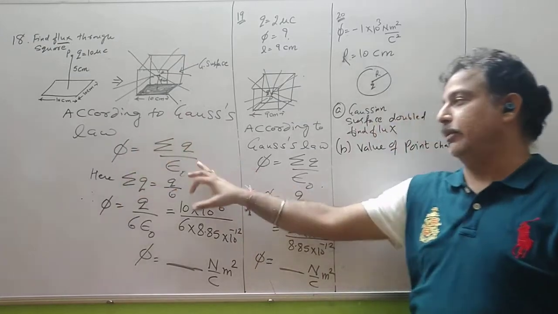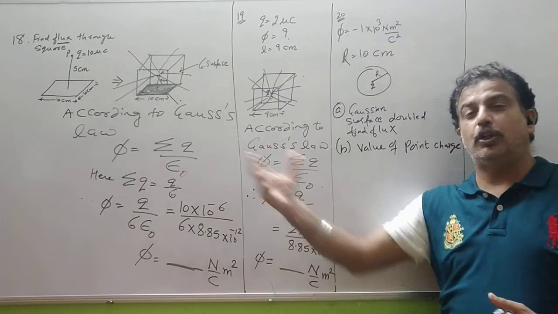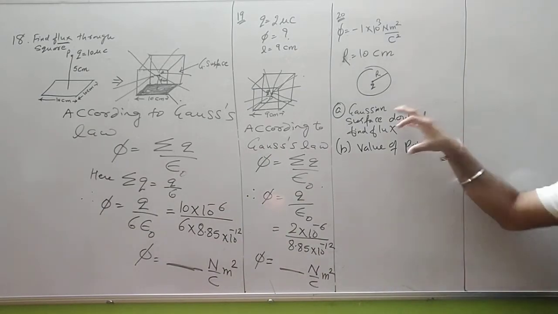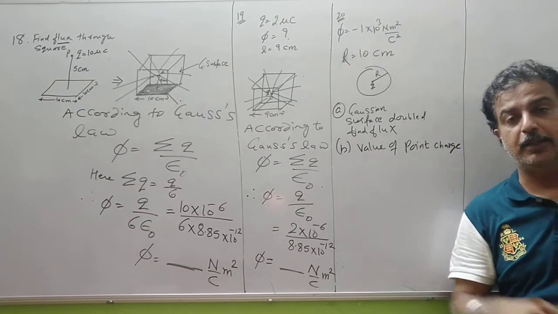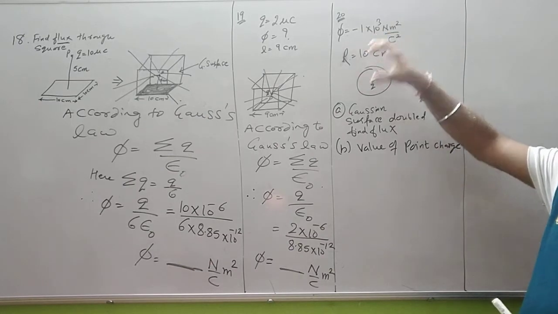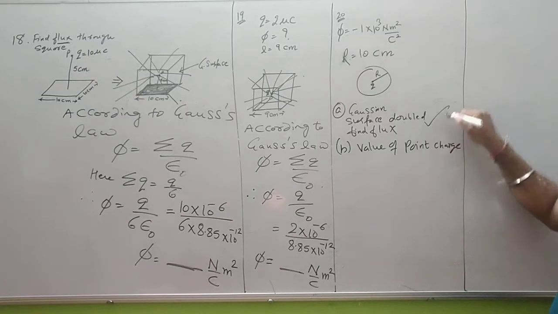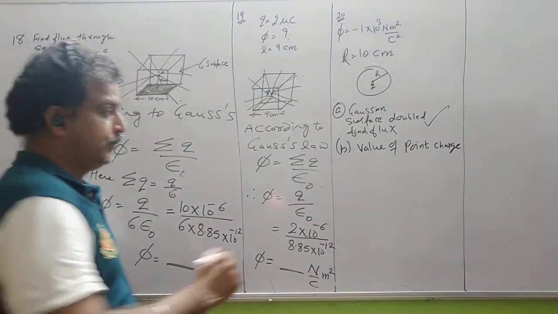Flux is equal to summation q upon epsilon naught. This formula does not contain any shape and size. So if the Gaussian surface is 10 centimeter and it becomes 20 centimeter, it will not affect the number of field lines associated with this Gaussian surface. So for the first part, the flux will remain the same.